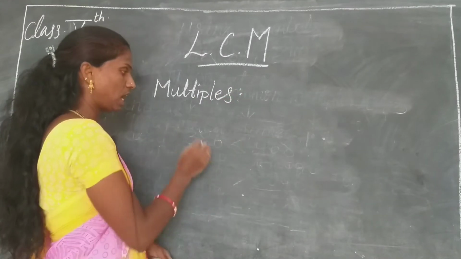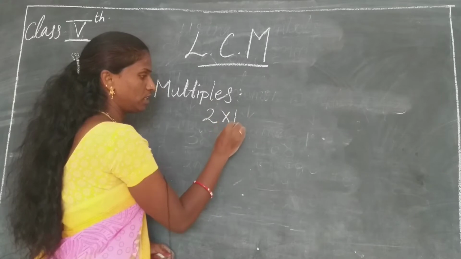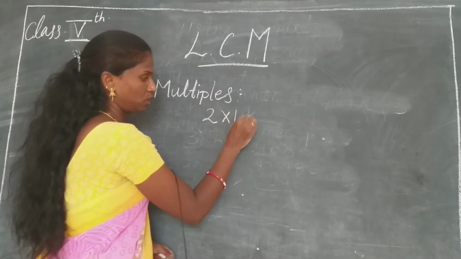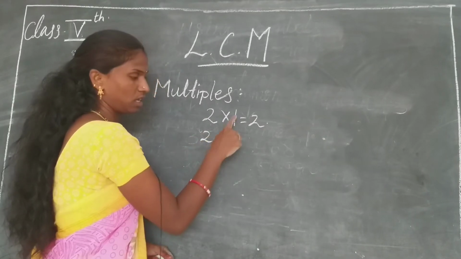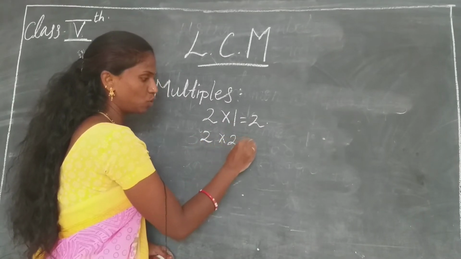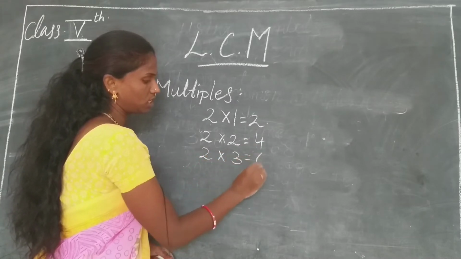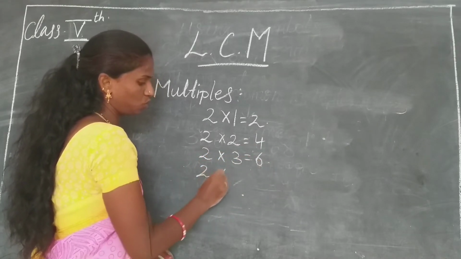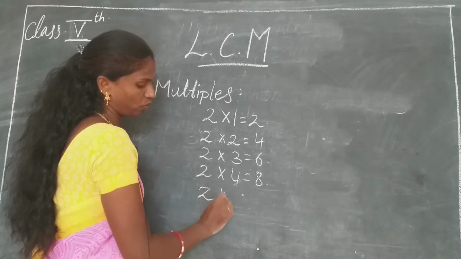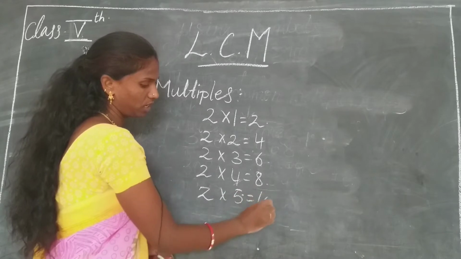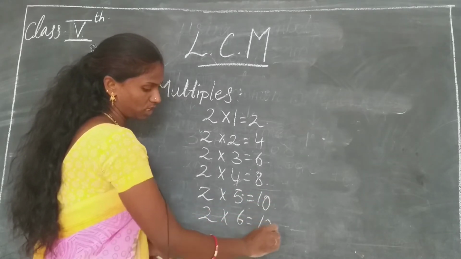So multiples. I have taken 2, I multiplied 2 with 1. So 2 ones are 2. I have taken 2 again, I multiply with 2, 2 twos are 4, 2 threes are 6, 2 fours are 8, 2 fives are 10, 2 sixes are 12.